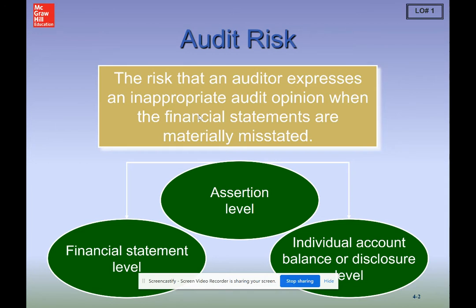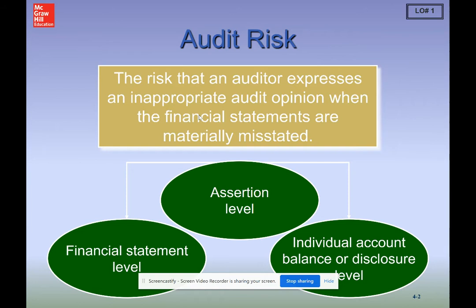So audit risk, again, is the risk that they're going to issue that unqualified opinion when, in fact, the financial statements are materially misstated. So the problem is that we said the financial statements were good when actually they were not. Now, this involves first at the financial statement level.